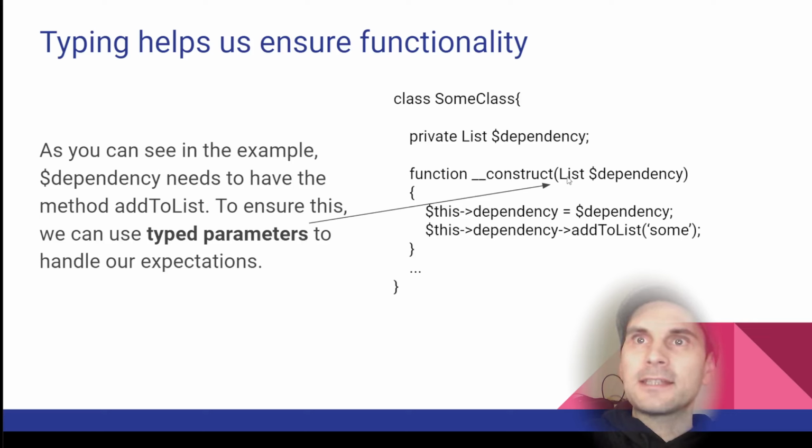In this case, we have something with the name list in the same namespace, so we can simply call it list, that requires the dependency to be of the kind list, and then we know that this class has add to list, and therefore we can ensure that this piece of code can be run without having to worry about how list or how the dependency came about.